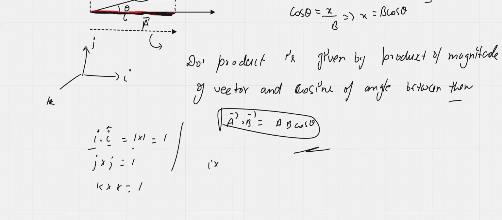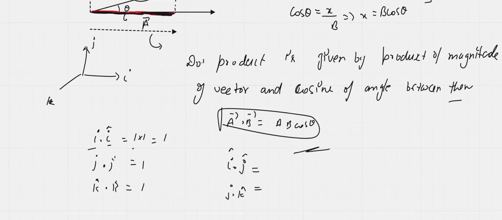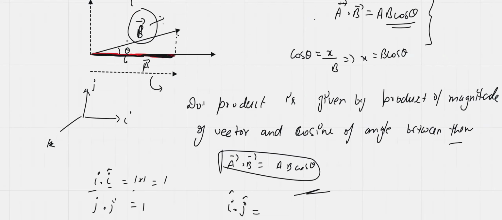Okay, apart from this, if I do I into j, sorry, it should be dot product. These are one. This is good. But if I do I dot j, what am I supposed to get? Can you tell me the value now? The zero.